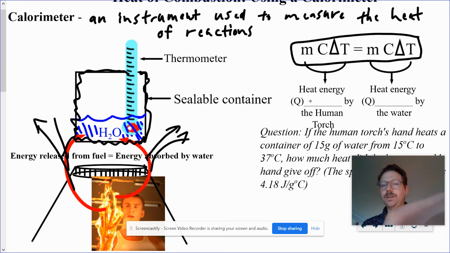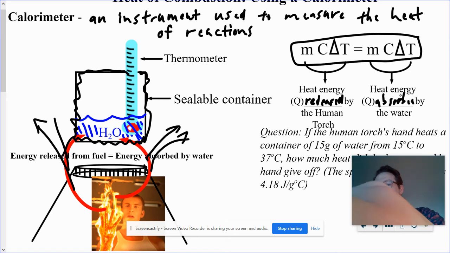And again, if we assume that the heat energy that's released equals the absorbed energy in the water, ooh, that's messed up. That should say absorbed.